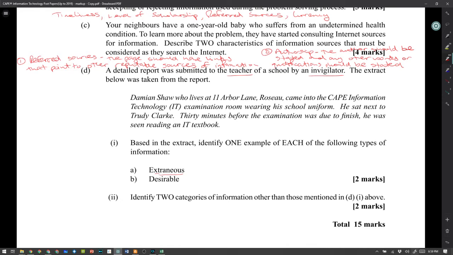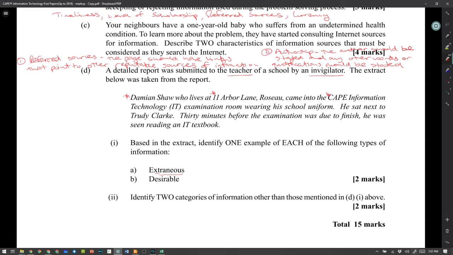Damien Shaw, that's important, because we need to know his name. Who lives at 11 Arbor Lane, yes, we need to know where he's living because he needs to be contacted. Came into the Cape IT exam, that's important too.